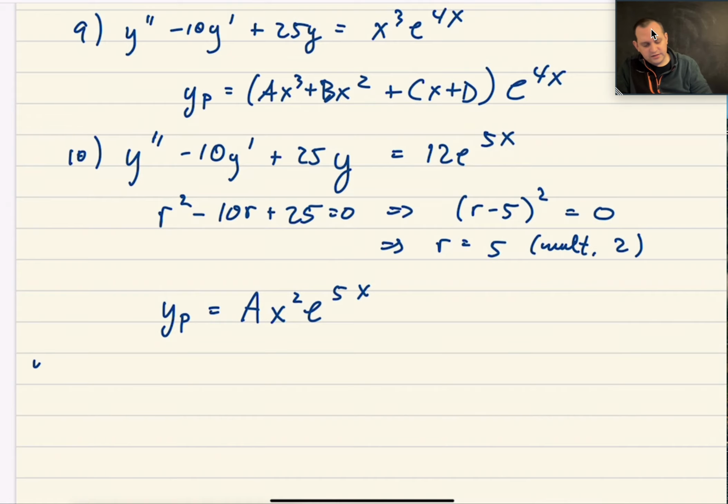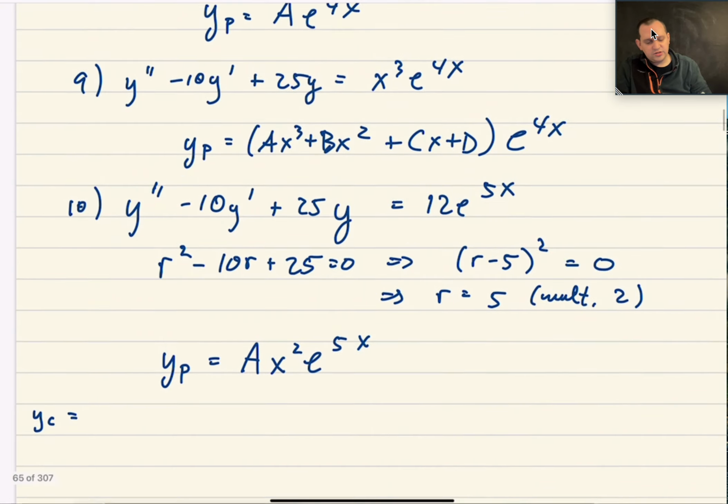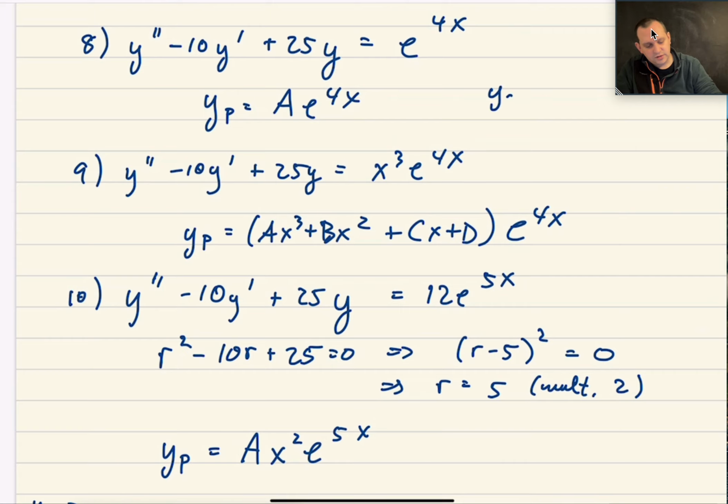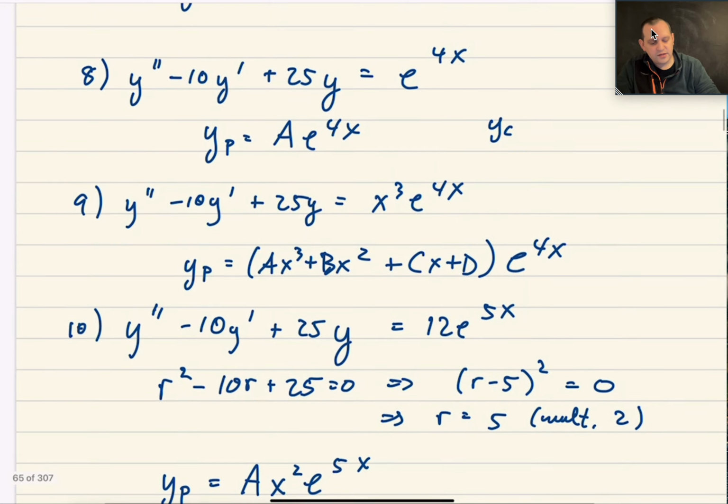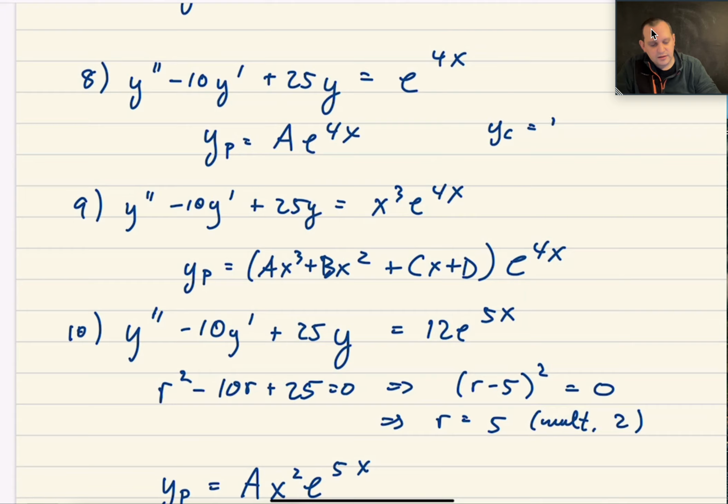The first way is that if you think about the complementary solution, that was going to be c1 e to the 5x plus c2 x e to the 5x. We talked about that reduction of order idea, about how you get the x e to the rx if you have a repeated root.